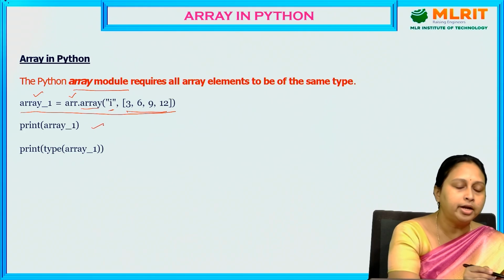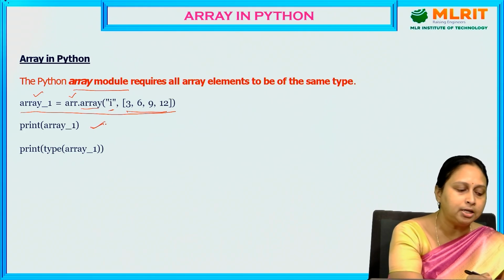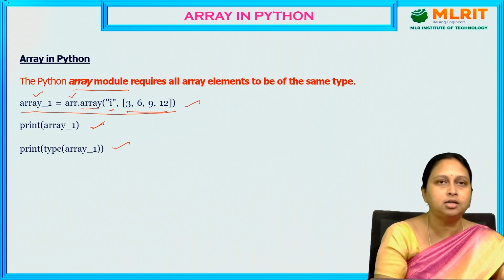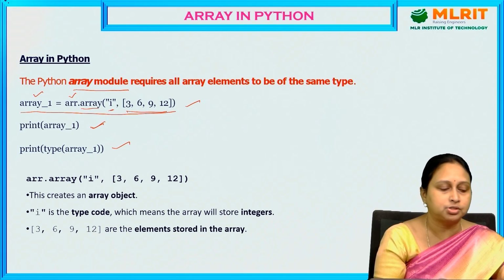And here we are going to print the array elements we have created, and we are going to print its type also, right? Now let us see the statement which has been written here in a clear way, what we are doing in each of the parentheses, what we have passed.